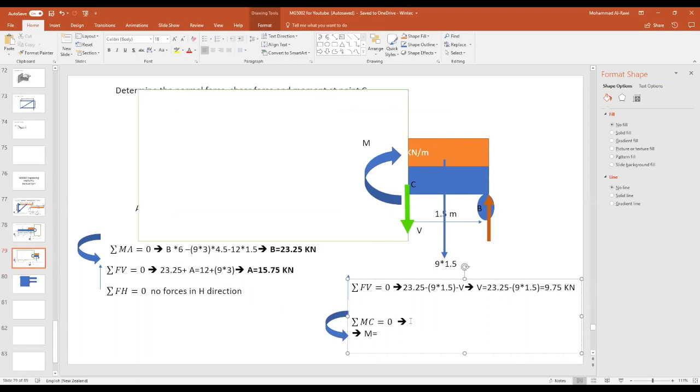So for the moment, what do you have? If we assume counterclockwise, it will be B times 1.5 meters. And then what do you have? You have the cantilever minus, which will be rotating clockwise. So it will be minus 9 times 1.5, which is the load, times the distance, 0.75.